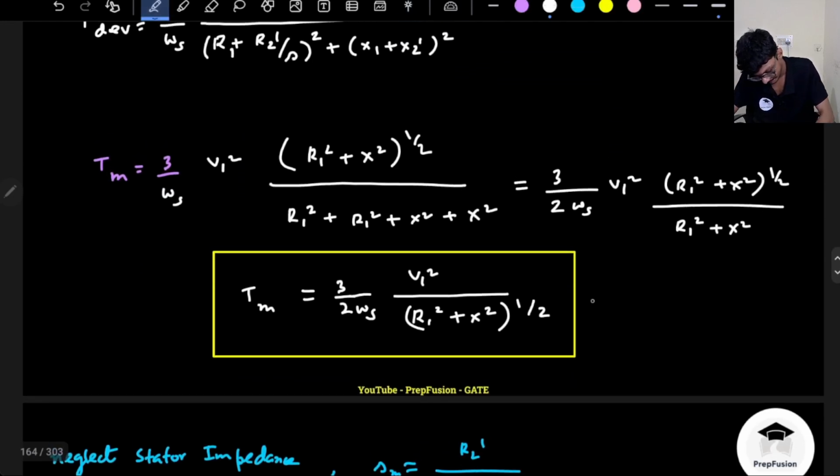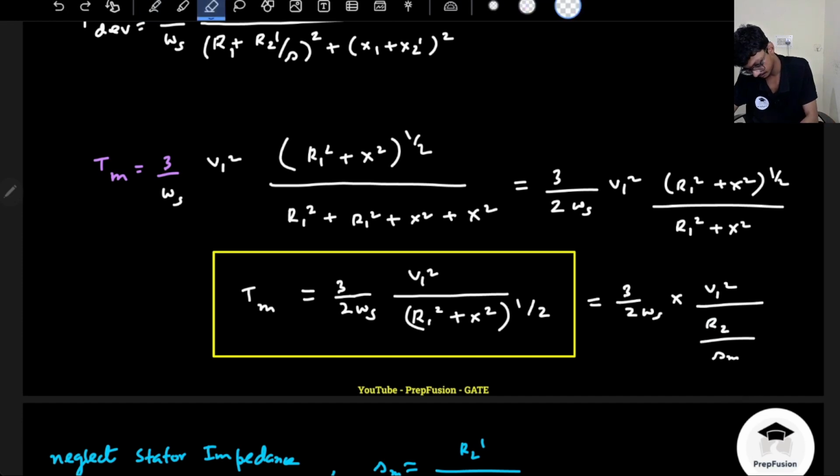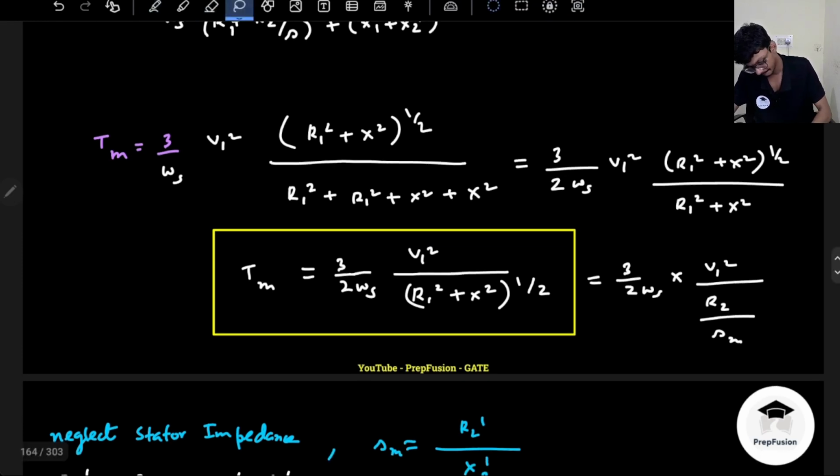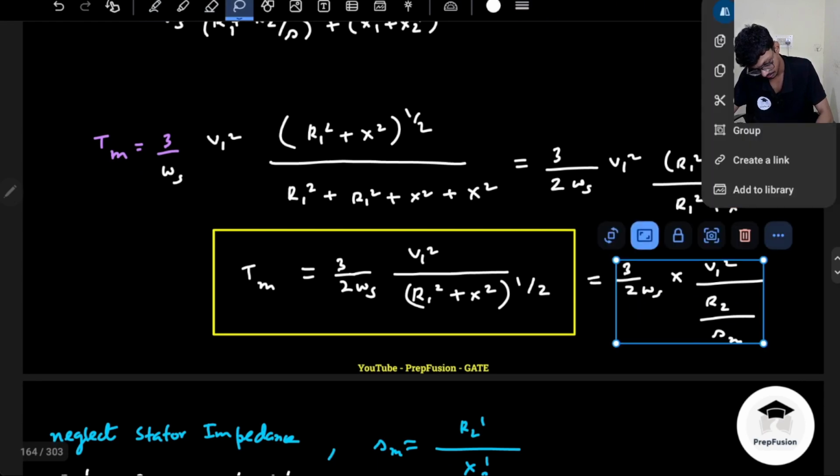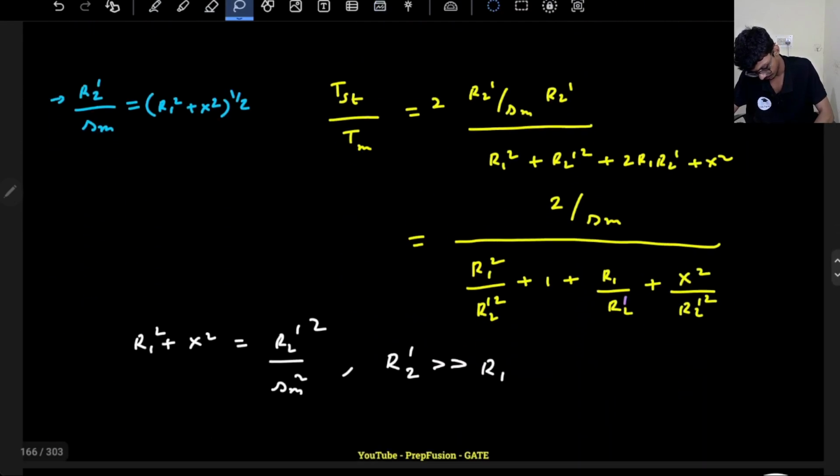So basically this comes out to be 3 by 2 omega s into V1 whole square into R2 divided by Sm. Okay, so this is my maximum torque.